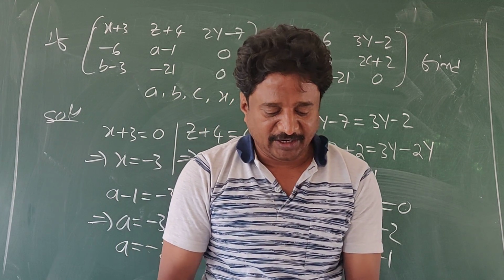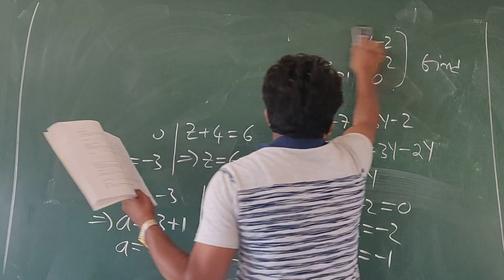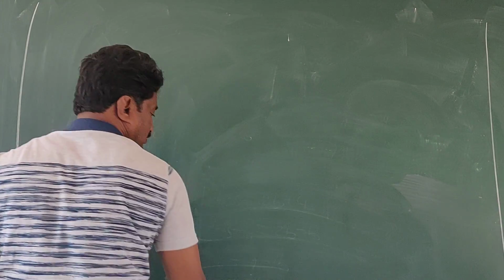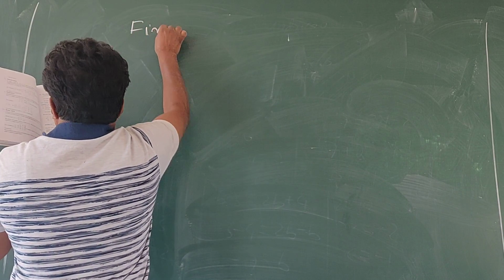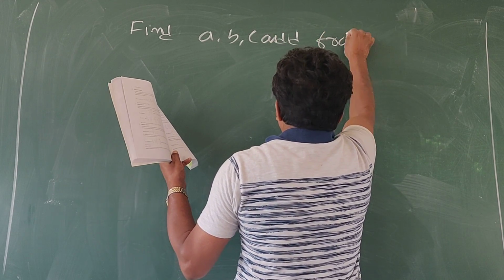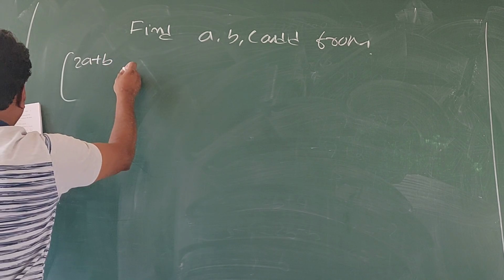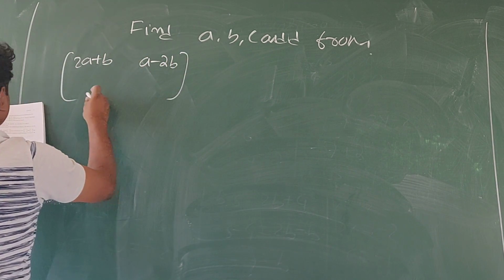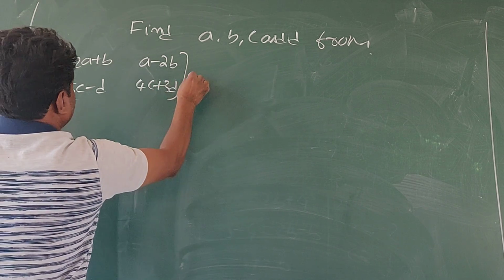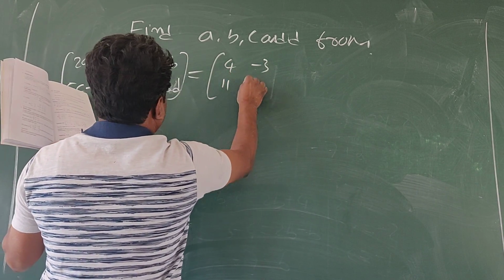Find the values of a, b, c and d from the equation [2a plus b, a minus 2b; 5c minus b, 4c plus 3d] is equal to [4, minus 3; 11, 24].